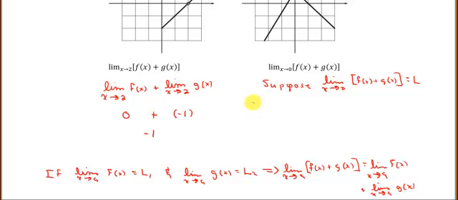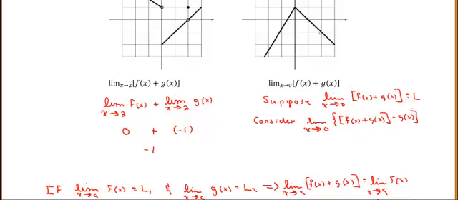Then let's consider this limit, the limit as x approaches 0 of f of x plus g of x minus g of x. All right, well then the limit of f of x plus g of x would exist. It would be L, and the limit of g of x would exist. It would be negative 1.